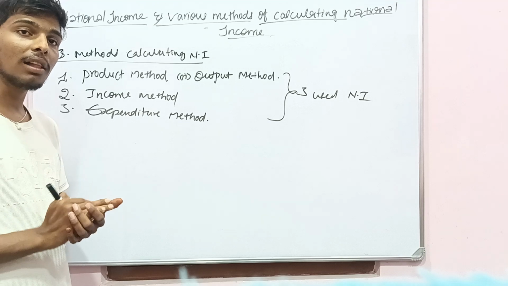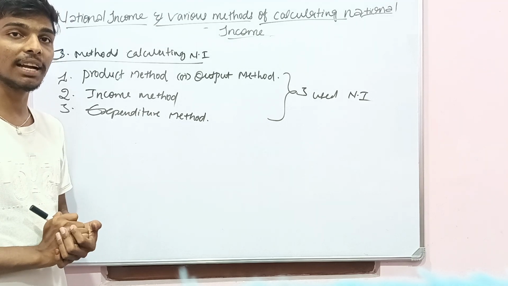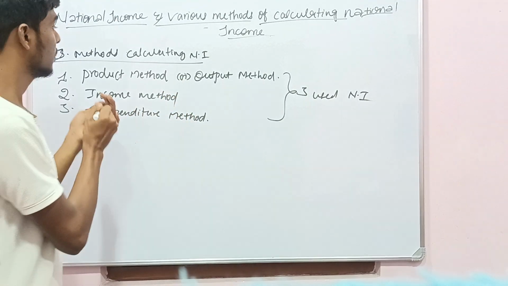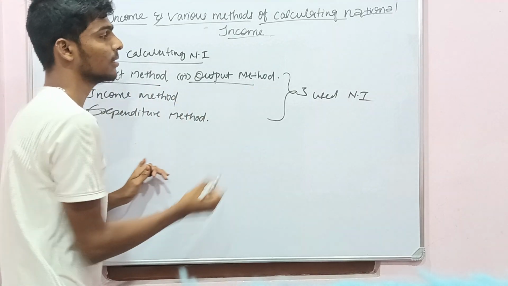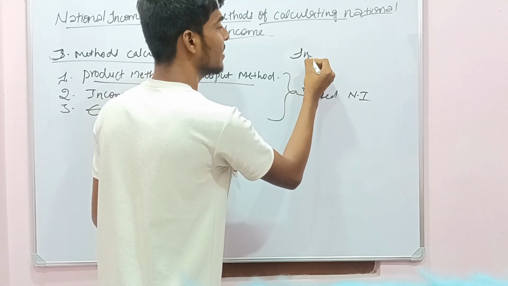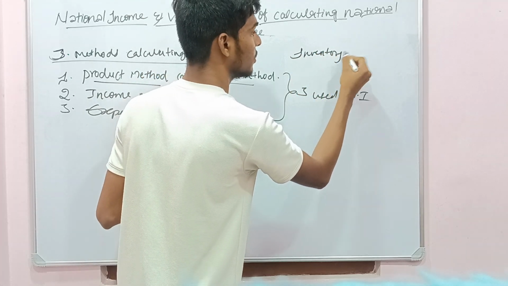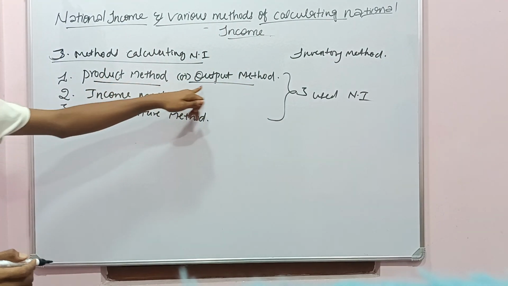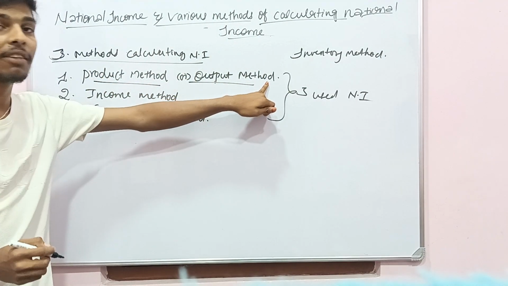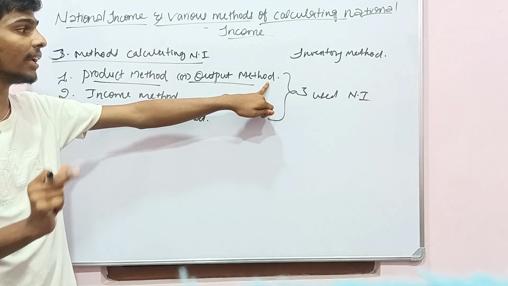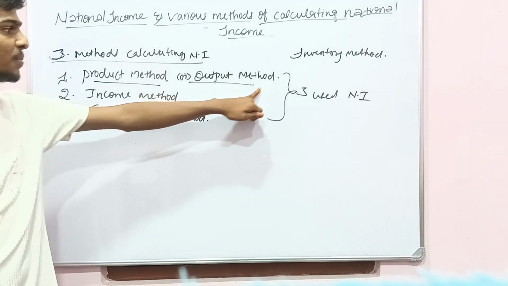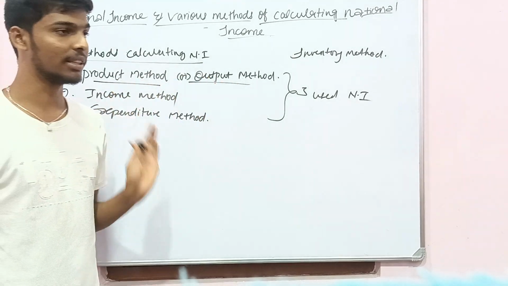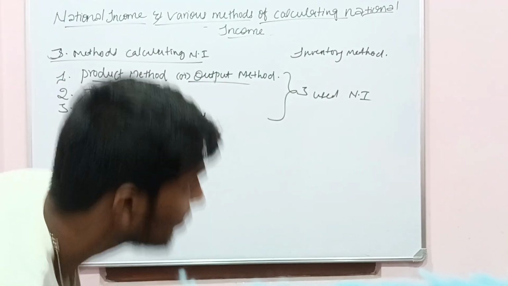It is also called the inventory method. In this method, all the final goods and services produced in a country during a specific year are obtained. We can see in detail.